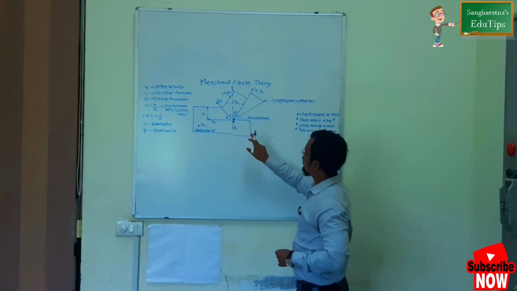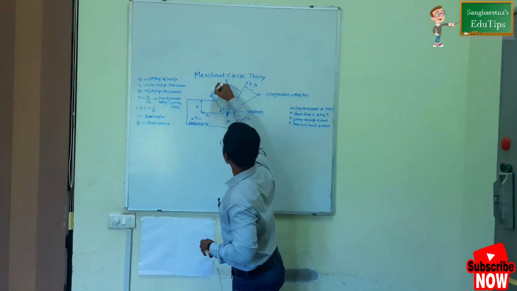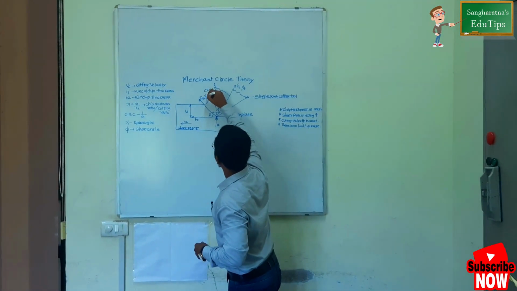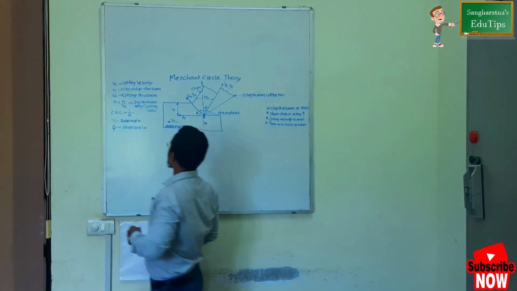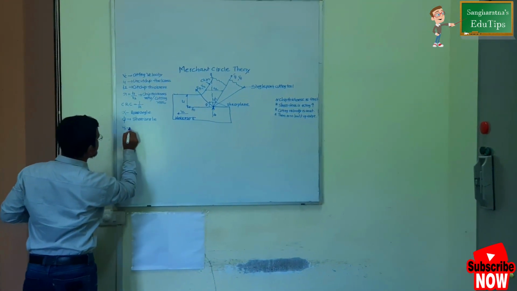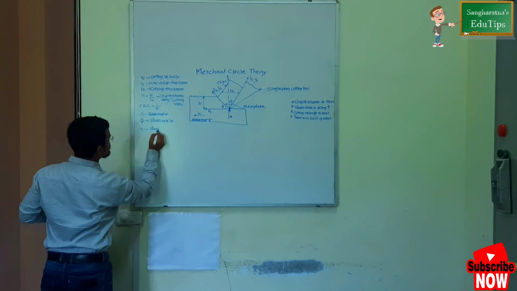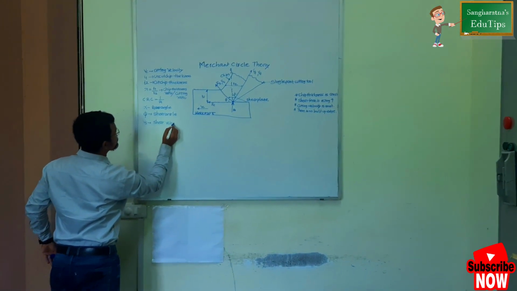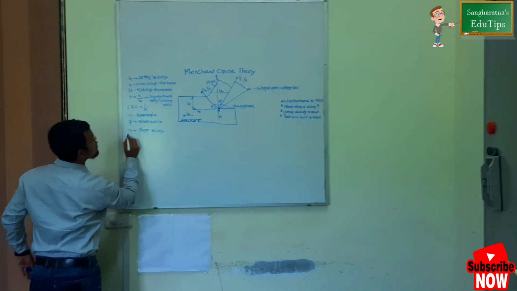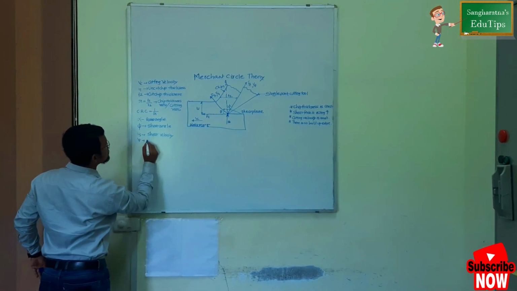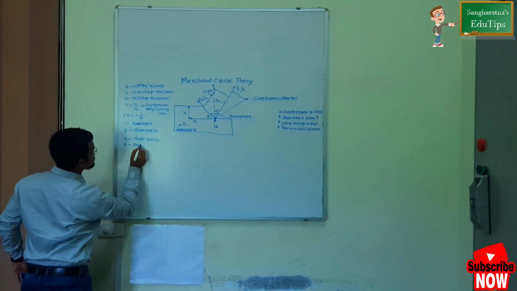We have seen that the material is removed along the shear plane, so here we have one shear velocity. Vs is nothing but the shear velocity. Vf denotes the friction velocity.